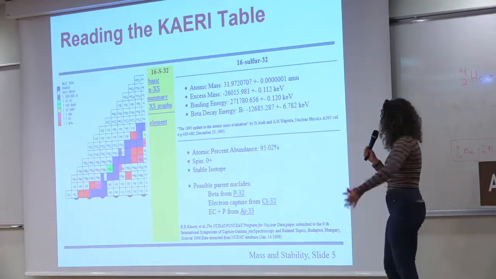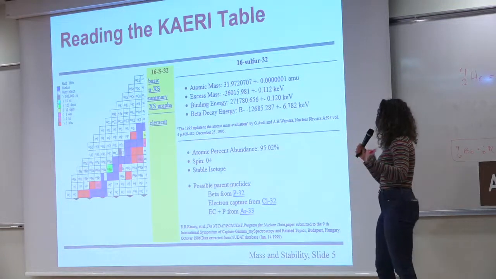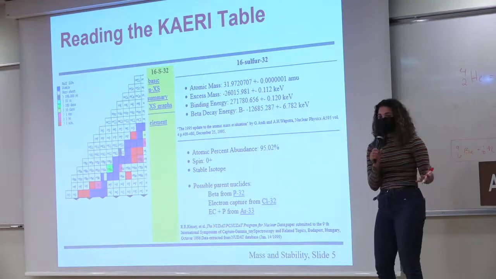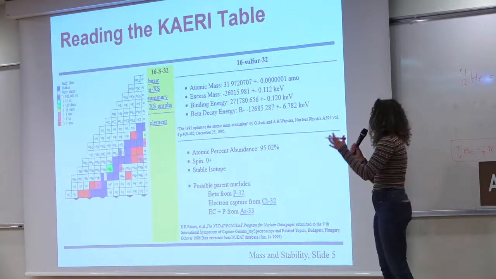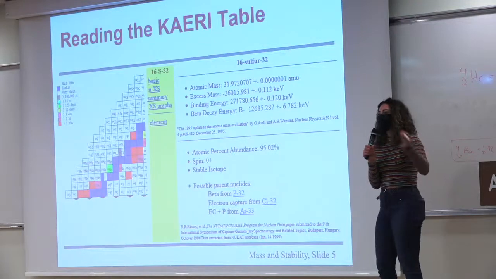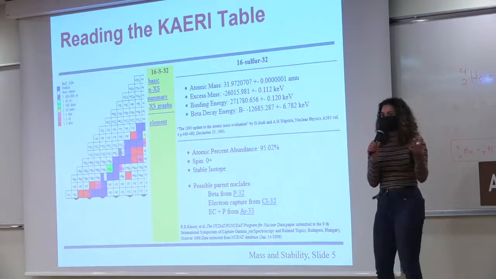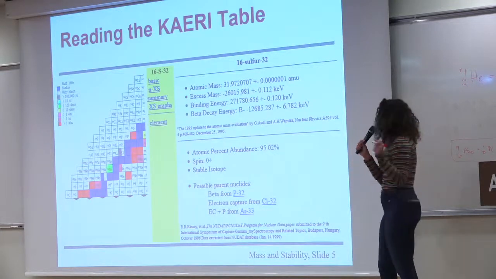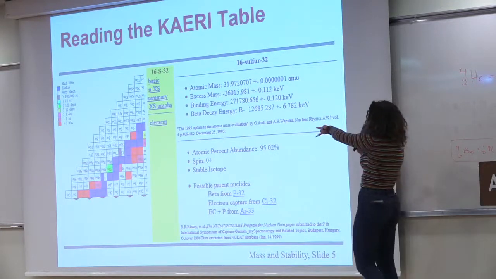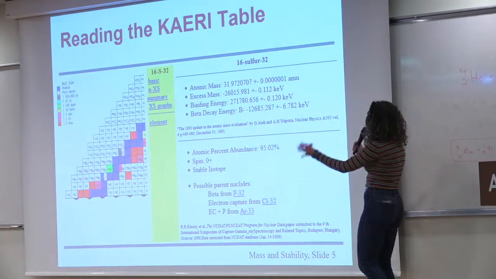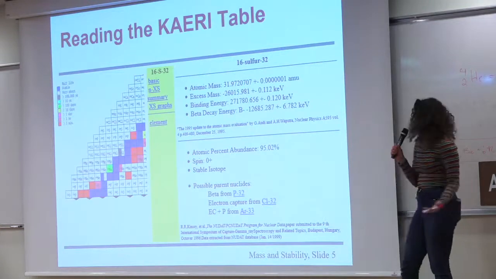The higher the binding energy is, the more energy you would have to put into this to get a reaction. It's also going to tell you if your element naturally tends to be more prone to fission or fusion. If it's more prone to fission, it's more radioactive, meaning it's splitting off right there. And your excess mass: the more negative it is, the higher your binding energy.